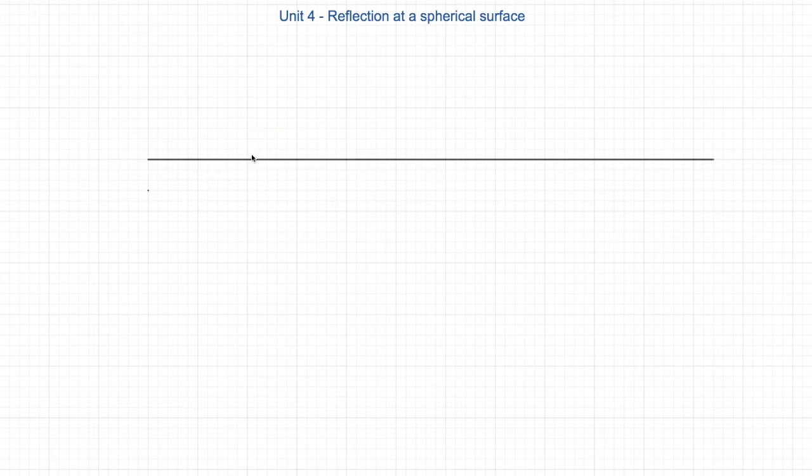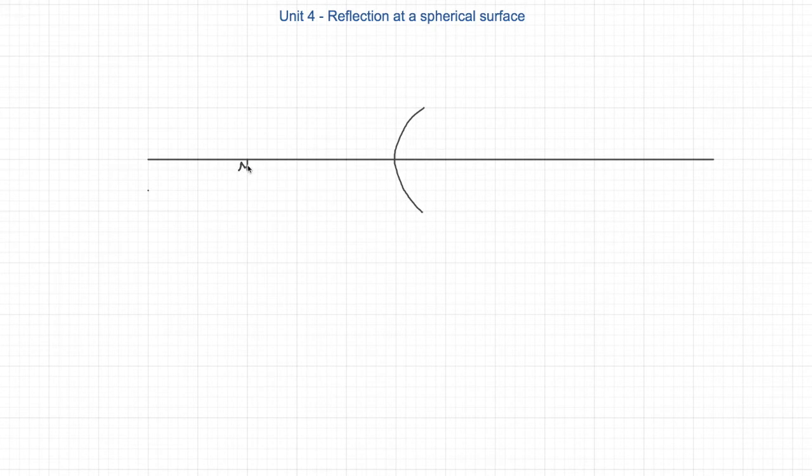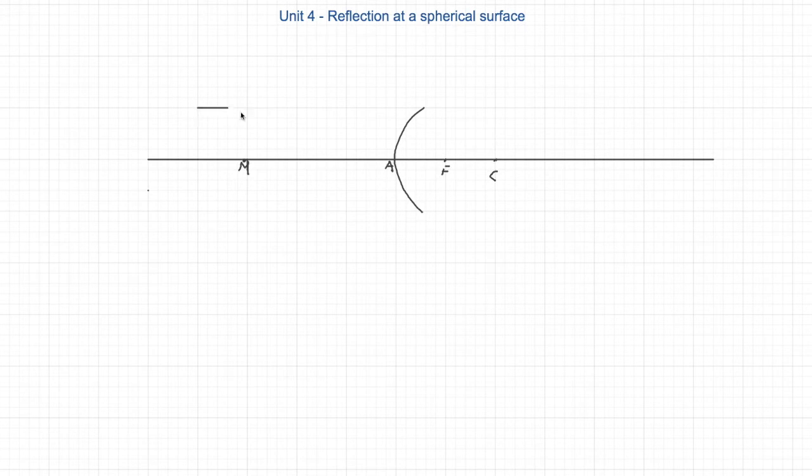Another optical axis. And we'll draw a convex spherical surface. And we'll place our object arbitrarily there. We'll call the vertex A. The focal point and the center are on the right side of a convex surface.